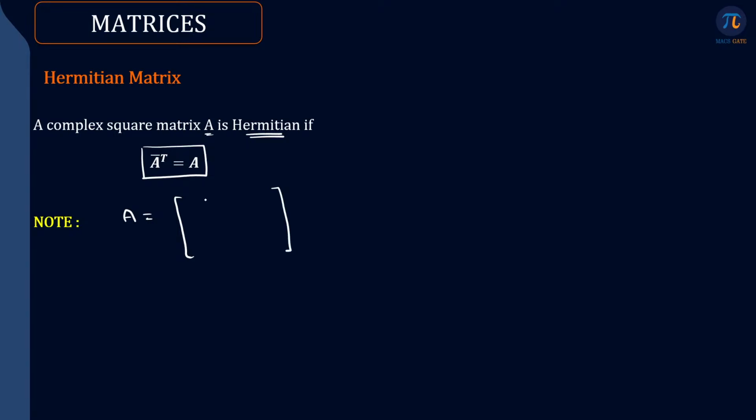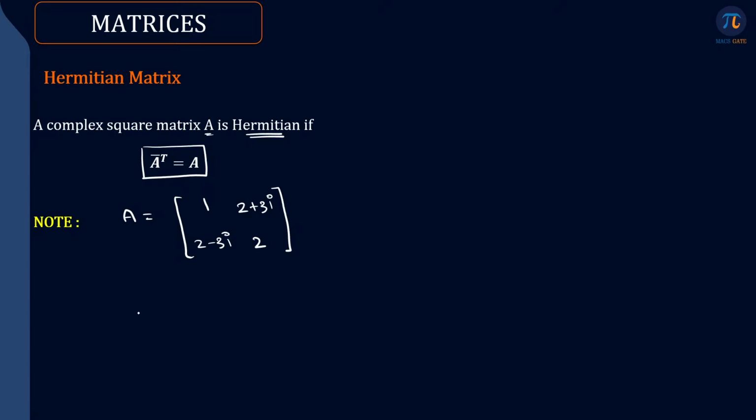See, whenever it is Hermitian, the main diagonals will be real numbers. These two fellows are conjugates of each other. The example you can easily remember: if it is 2 plus 3i, the conjugate you write down is 2 minus 3i. Done. That is a Hermitian matrix. Main diagonal should be real numbers, keep that in mind.